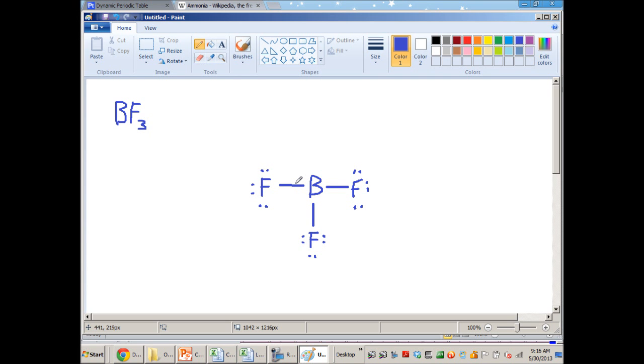It's going to have 120 degrees between each FBF, friends best forever, I don't know. Every FBF bond is going to have a 120 degree angle. This thing is planar. It's trigonal planar. So if I was to draw all of these things correctly, just to crudely get this closer to what the geometry actually is, it would look more like this.